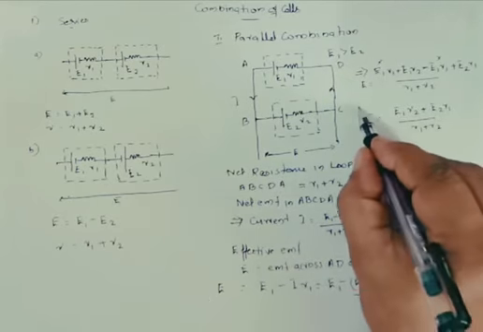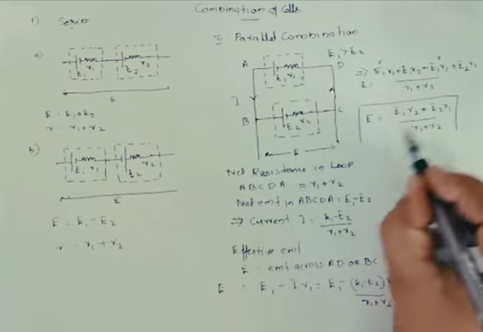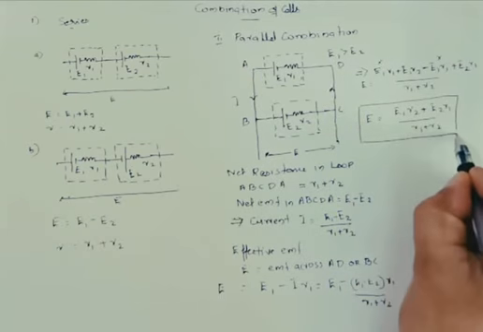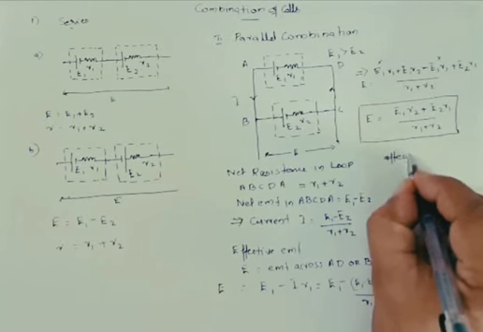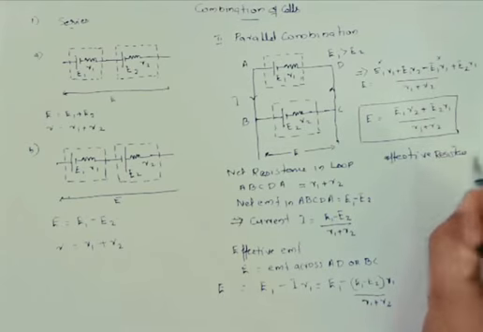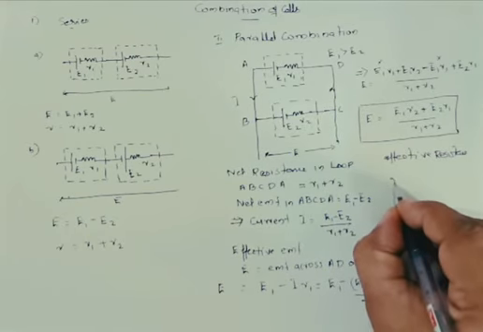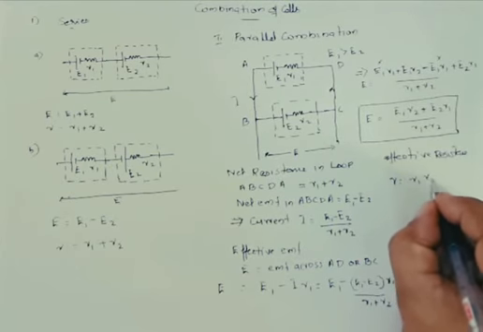Now this is the equation for the effective EMF of a parallel combination of cells. Effective EMF of a parallel combination of cells is given by E1 R2 plus E2 R1 upon R1 plus R2. Now we will work out the effective internal resistance because the two resistors are connected in parallel.